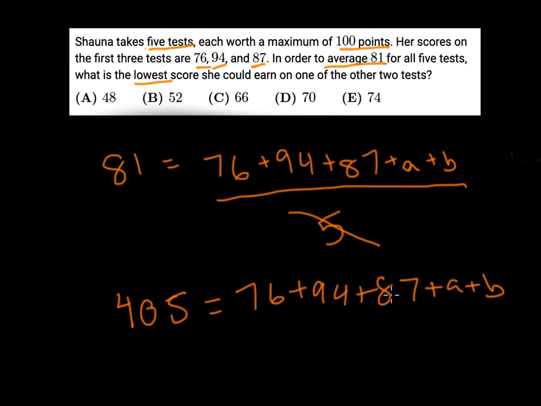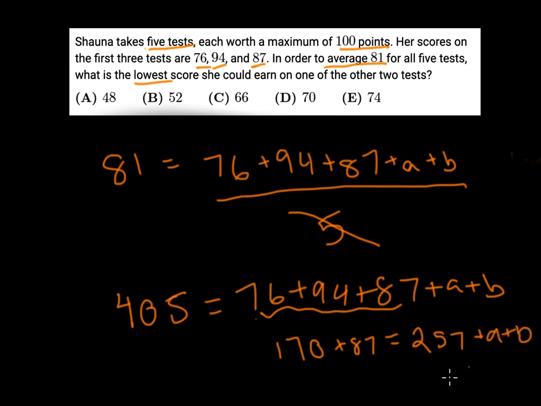Next, I would add up these 3 numbers, and that would be 76 plus 94 is equal to 170, plus 87 equals 257, plus A plus B. So then I would subtract 257 from both sides.